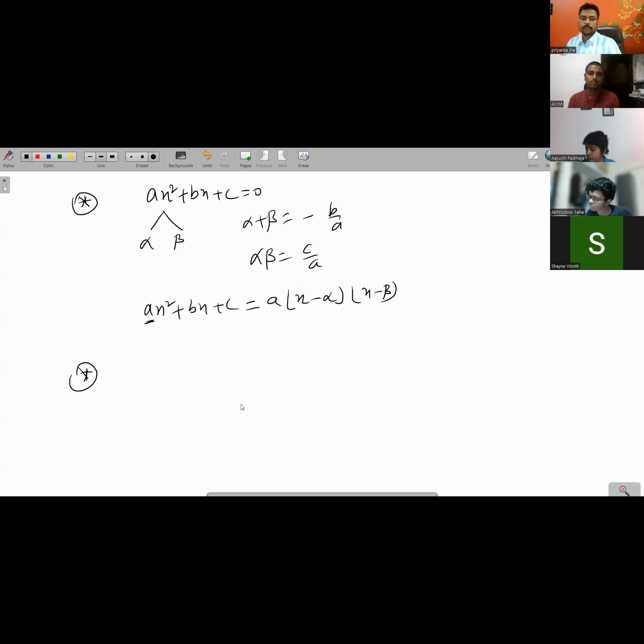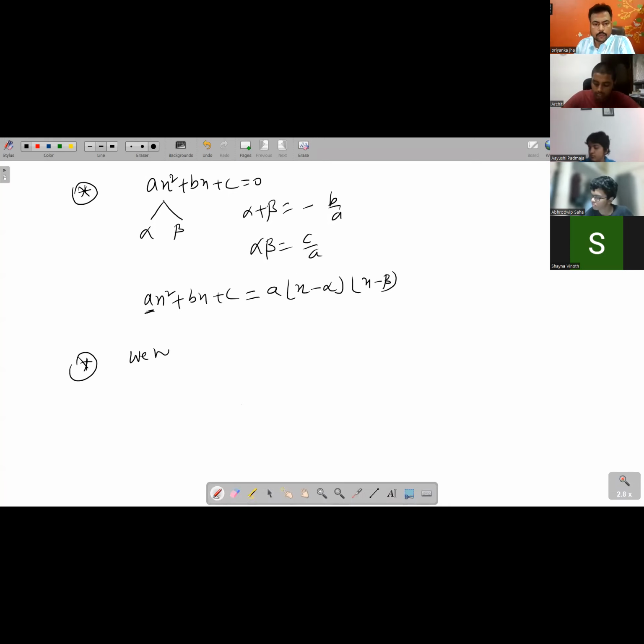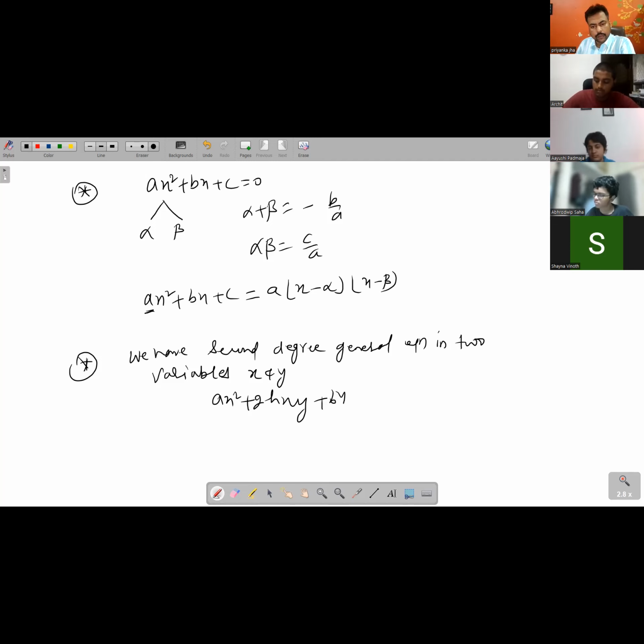Second point is, see, we have a second degree general equation in two variables, x and y, like this: ax square plus 2hxy plus by square plus 2gx plus 2fy plus c equal to 0.